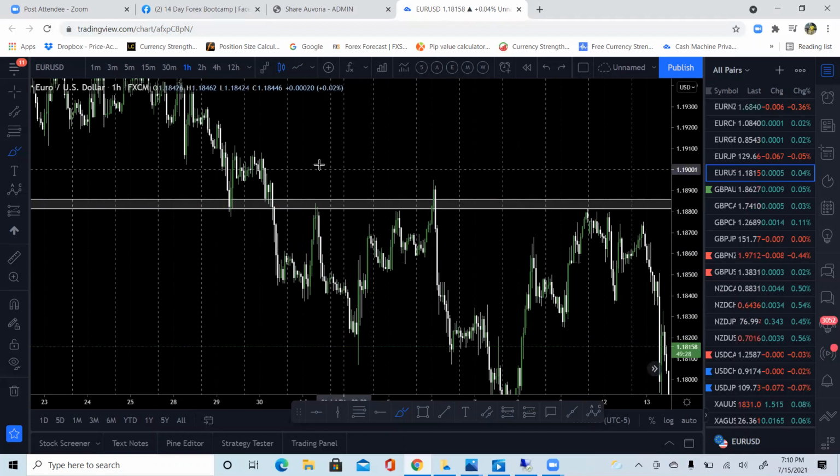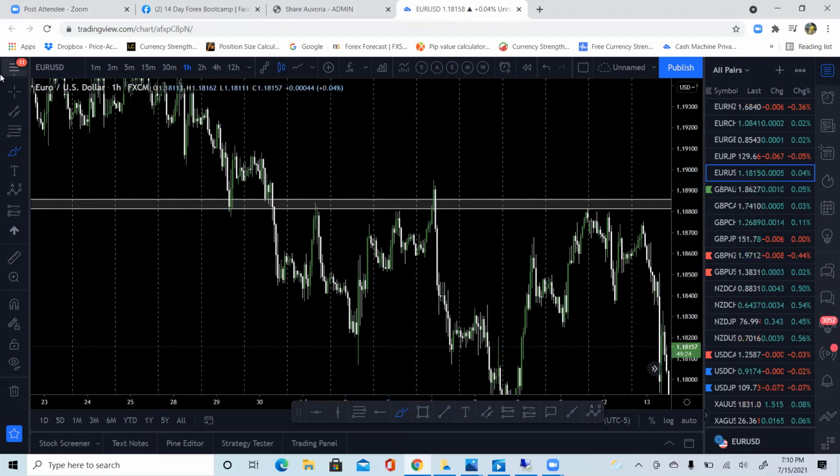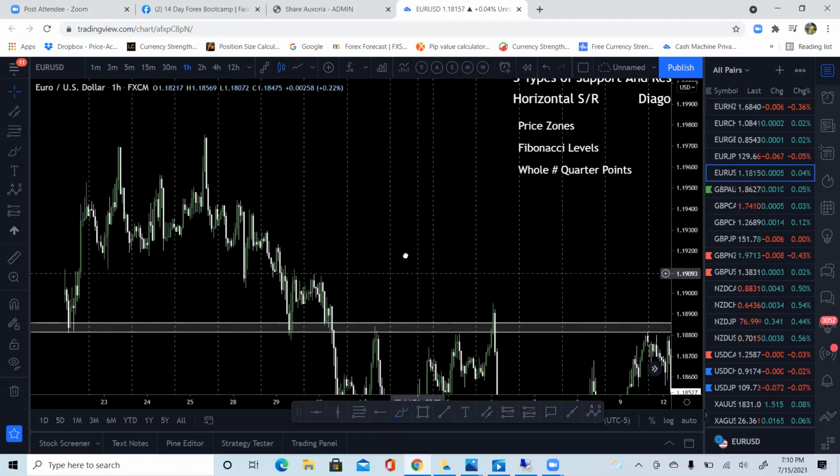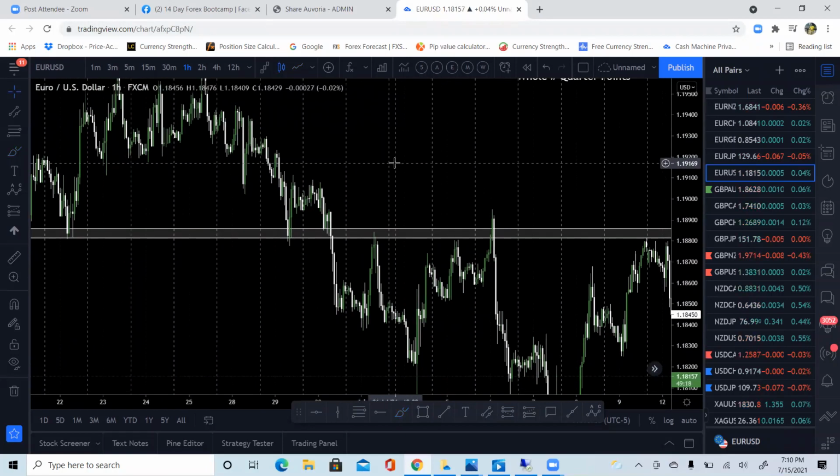So Fibonacci is basically special numbers that price reacts from. So let's see here. In nature.